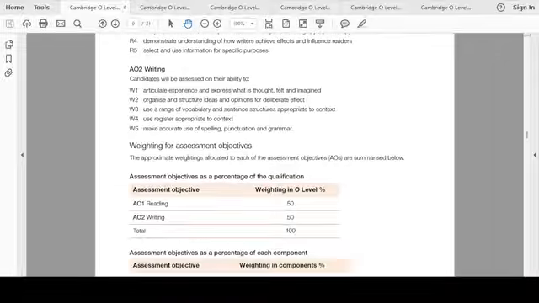As for the writing objectives, W1 is articulate experience and express what is thought, felt, and imagined. So basically, you're able to express yourself properly and clearly in written words. W2, organize and structure ideas and opinions for deliberate effect.